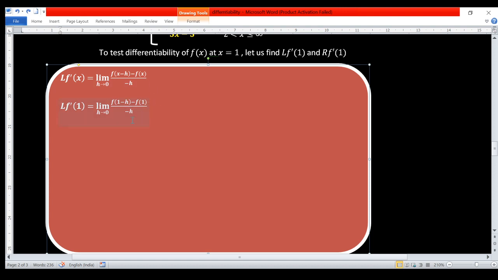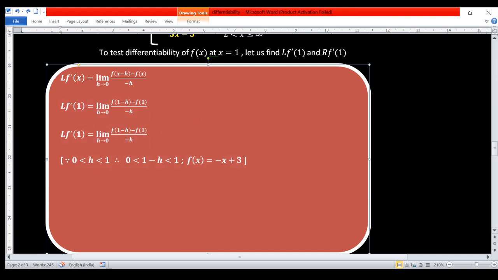h is a number between 0 and 1, correct? So 1 minus h becomes a number between 0 and 1. For example, if h is 0.5, then 1 minus 0.5 is again 0.5. So in general the input 1 minus h is a number between 0 and 1, where f of x is minus x plus 3.